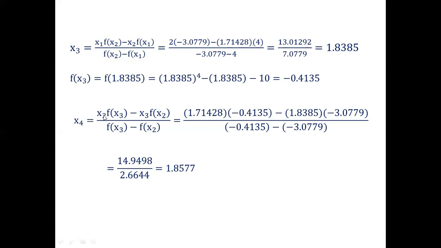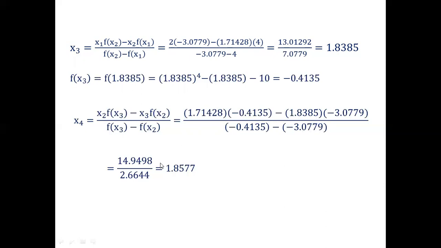x4 is equal to (x2 into f of x3 minus x3 into f of x2) by (f of x3 minus f of x2). So x2 is equal to 1.71428 into f of x3, which is minus 0.4135, minus x3, which is 1.8385, into f of x2, which is minus 3.0779, divided by f of x3, which is minus 0.4135, minus f of x2, which is minus 3.0779.